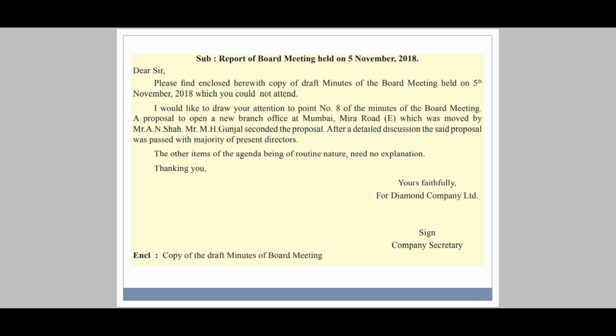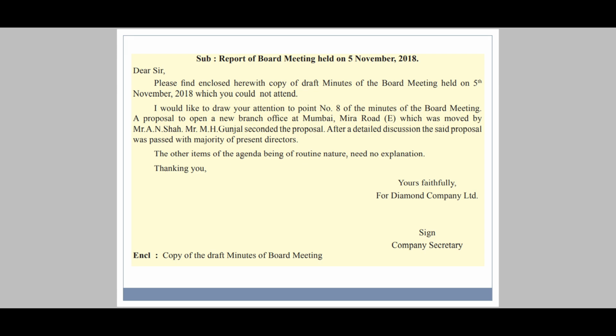What does it say? A proposal to open a new branch office at Mumbai, Mira Road East, which was moved by Mr. A.N. Shah. That means this issue was raised by Mr. A.N. Shah. Mr. M.H. Gunjal seconded the proposal. Seconded the proposal means supported the same proposal, which was moved by.